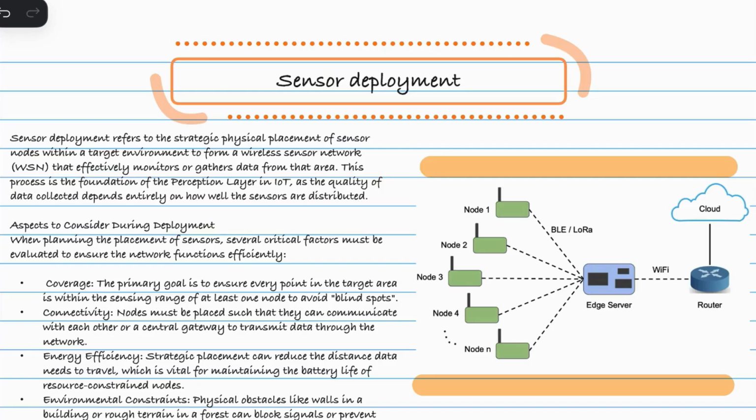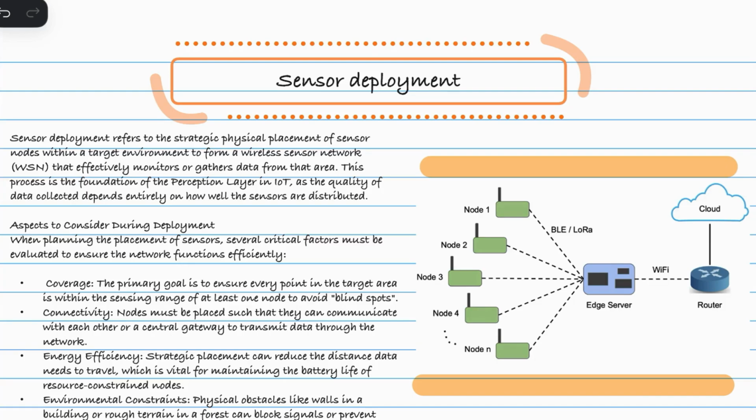Now let's look at a critical phase of setting up a wireless sensor network, which is sensor deployment. You can write the most brilliant routing code and use the most expensive digital sensor, but if you physically place them in the wrong spot, your entire IoT project will fail.